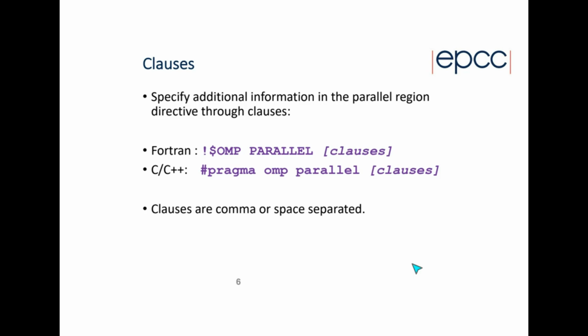So as well as just the parallel directive, we can specify some additional information for the parallel region through clauses. These are extra pieces of syntax that appear on the end of the directive. There can be more than one of them, and you're allowed to separate them either with spaces or commas.